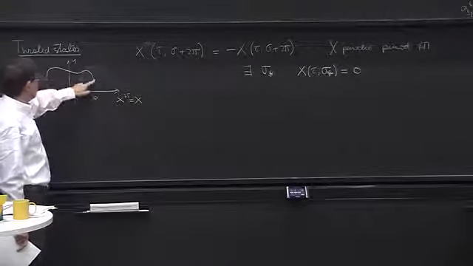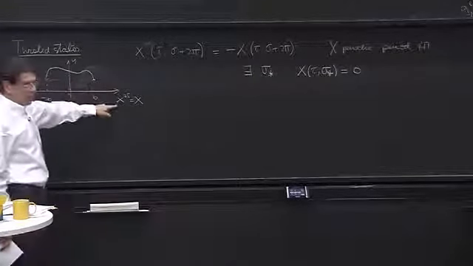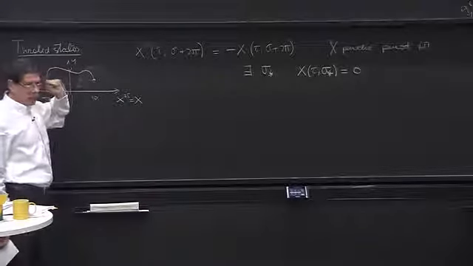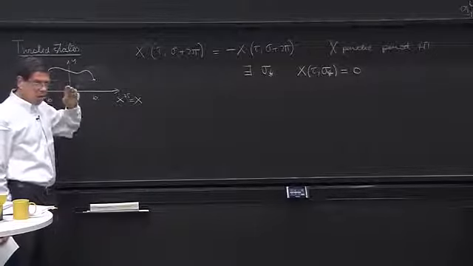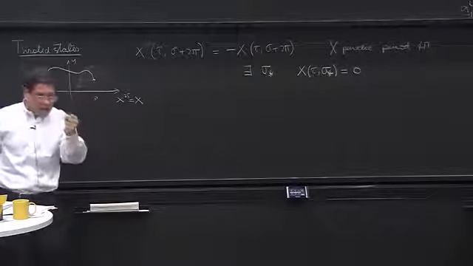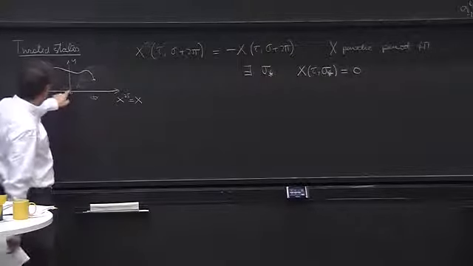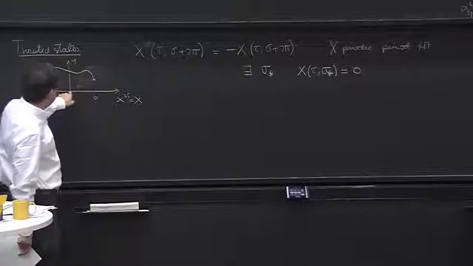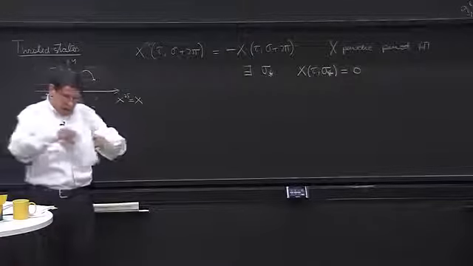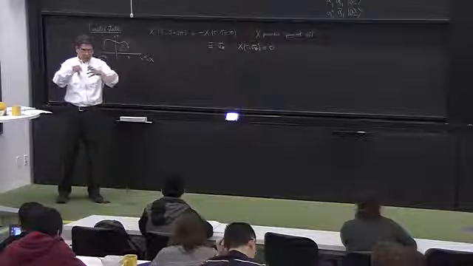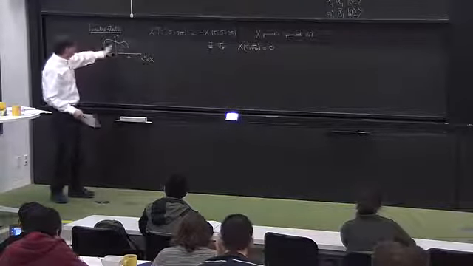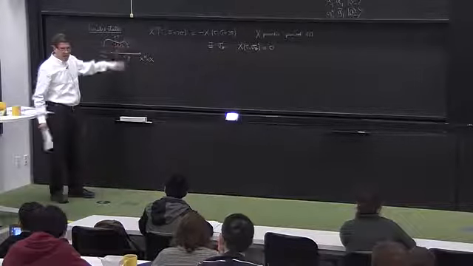So if it takes positive values and negative values of x25, there must be sigmas for which it takes the value 0. So these strings are, intuitively, stuck at the orbifold point. They always have to pass by the point x equals 0. And the longer, they can be very long, but that's very expensive in energy. This costs tension. So all these strings really like to be near the point x equals 0.